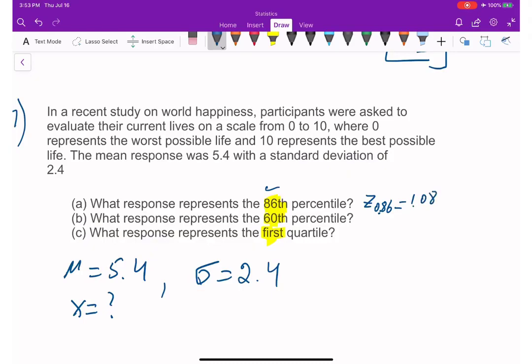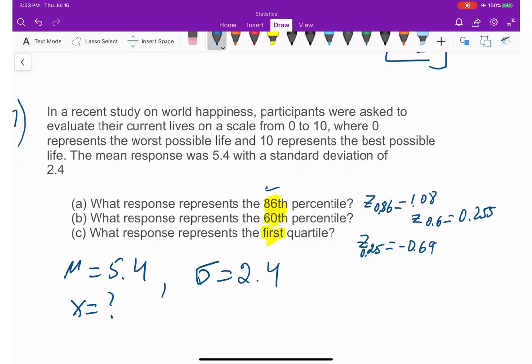Second, the z-score for 0.6 is going to be 0.255, and the z-score for the first quartile, 25% or 0.25, is going to be negative 0.69.